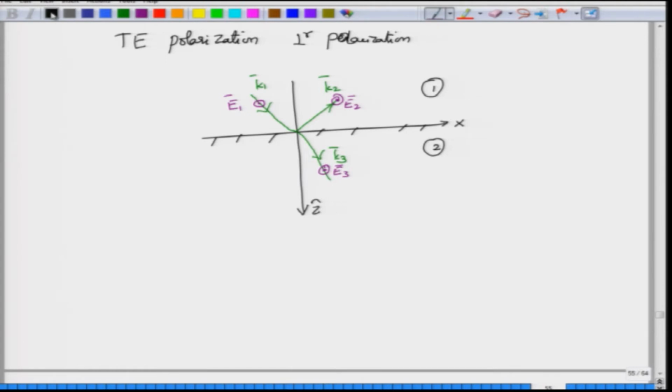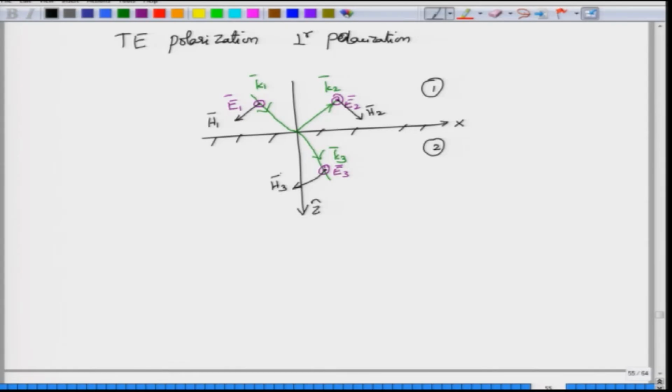And then you have to adjust the directions of H accordingly. If you take the direction of H to be H1 in this manner, you can show that if E1 is coming out here and this is your z axis, then taking E cross H, the corresponding vector will be perpendicular and will be the incident k1 vector.